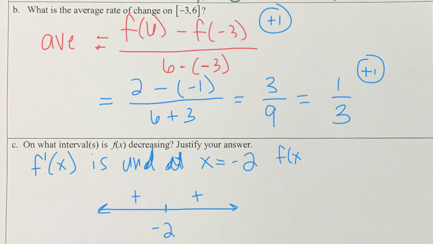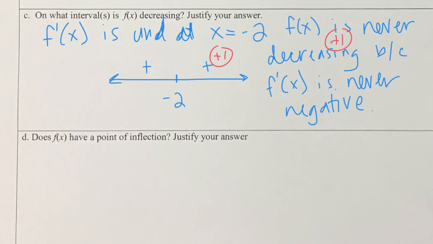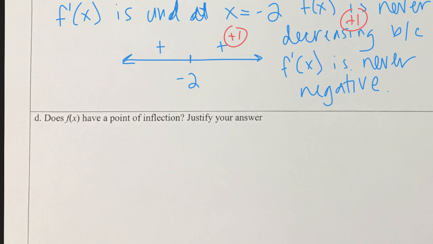We would write something like this: f is never decreasing because f prime is never negative. The only way the function will be decreasing is if we have a negative derivative. So we would get 1 point for the answer, that it's never decreasing, and 1 point for your justification, that sign analysis.